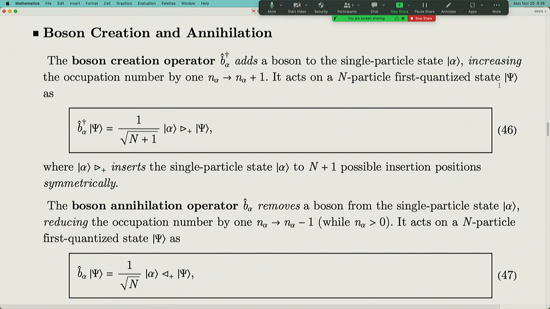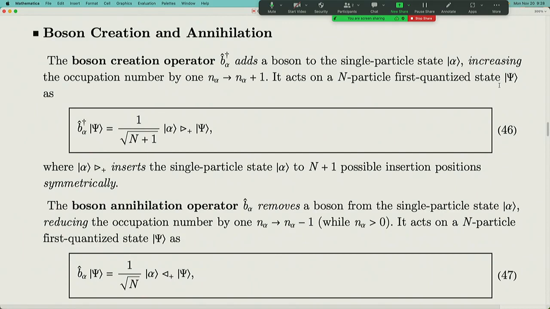The reason for this factor is that if you try to count how many possibilities there are to insert alpha into the psi state, suppose psi is the n-particle first quantized state. That means this psi will be a linear superposition of tensor products of single particle states like that, right? By saying it's an n-particle state, there will be n such betas, for example, this is a 3-particle state.